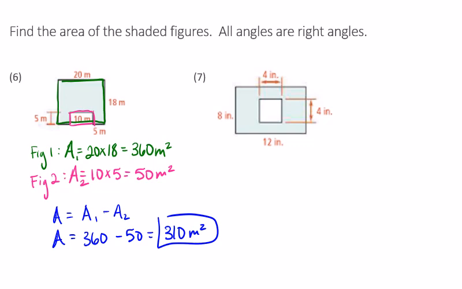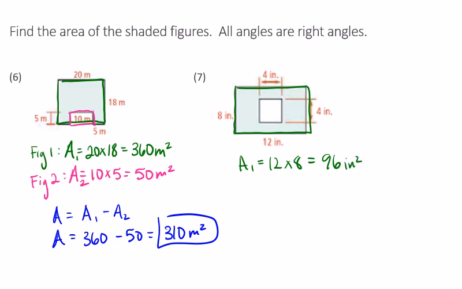All right, number 7, do the same thing. So figure 1 is going to be this value here. So area 1 is going to be base times height. So I'll start with the base, 12 times 8. And remember, commutative property of multiplication, you can definitely do 8 by 12 as well. So anyway, I get 96 square inches.